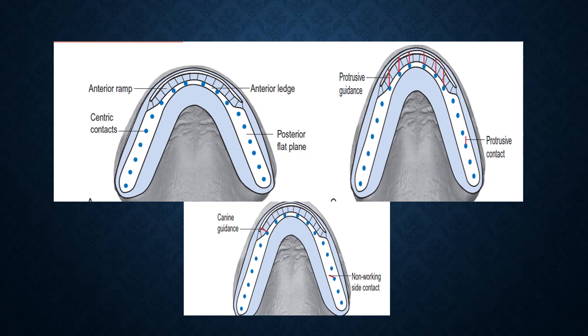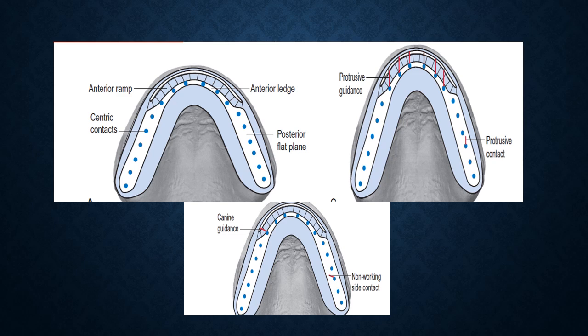Well, after fabrication, the Michigan occlusal splint is to be adjusted on the articulators. As you can see, at the centric retruded contact position, the contact will be on the flat occlusal surfaces posteriorly, and on the ledge anteriorly.